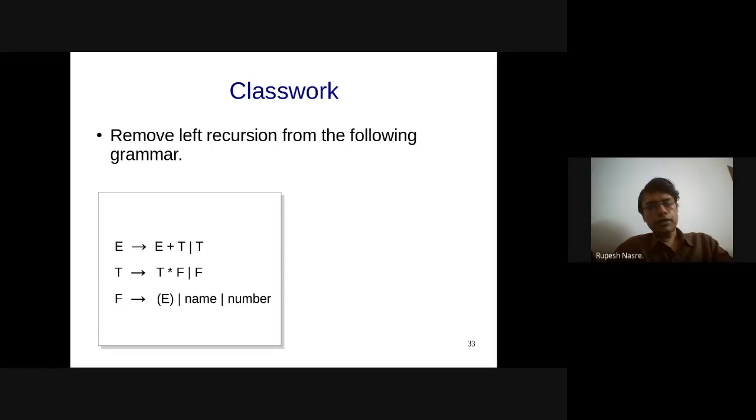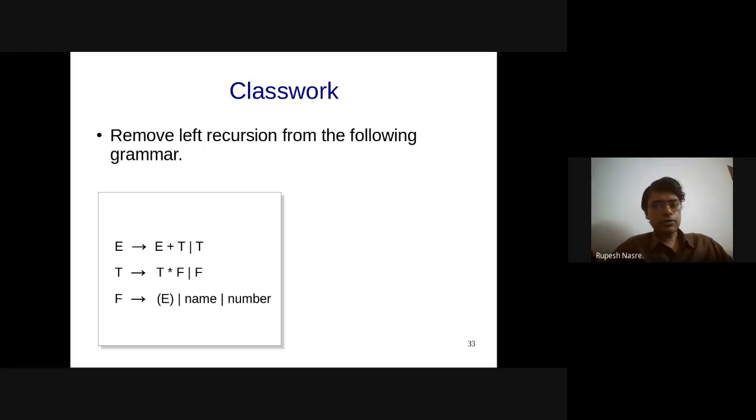There will be some people who answer the question fast, but that doesn't mean the others should not try. Please try it out in your copies. Even if you don't say it in the chat box, it's all right. It's more for me to know how much time to give. You should definitely do this classwork so that it will improve your understanding. And if you face trouble, either ask in the chat box or mail me later.